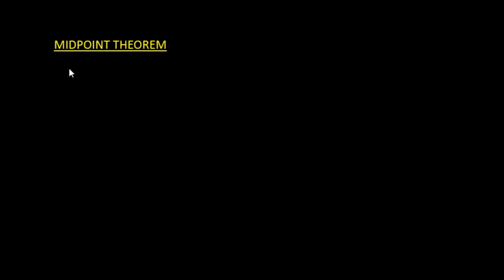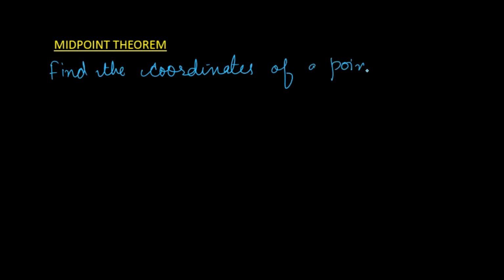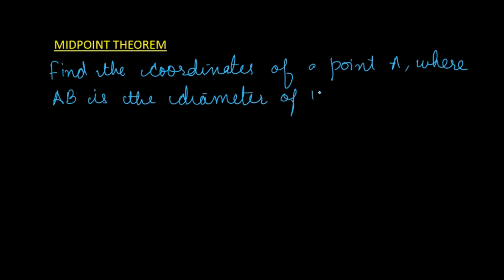Let me write down the question. Find the coordinates of point A where AB is the diameter of the circle whose center is 2, -3.